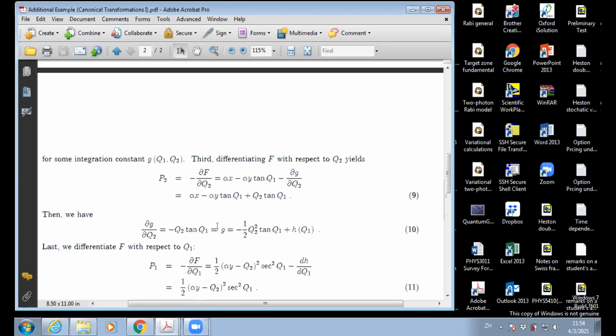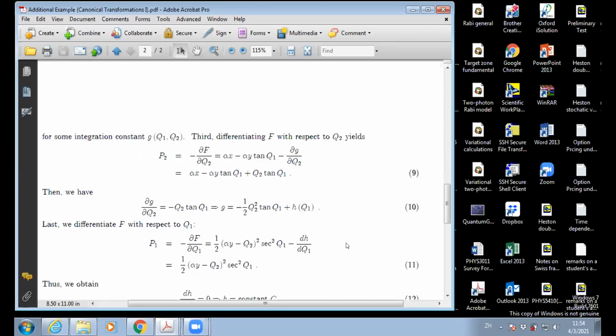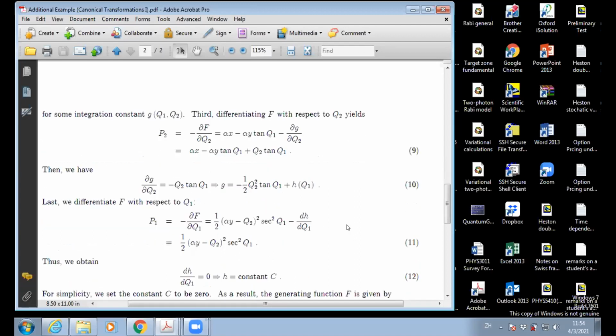The antiderivative is straightforward, to give g equal to minus 1/2 Q2 squared tangent capital Q1 plus the integration constant, which is an arbitrary function of Q1.